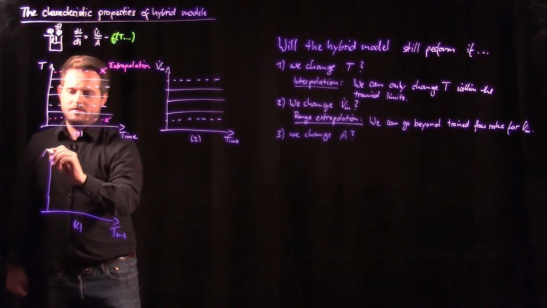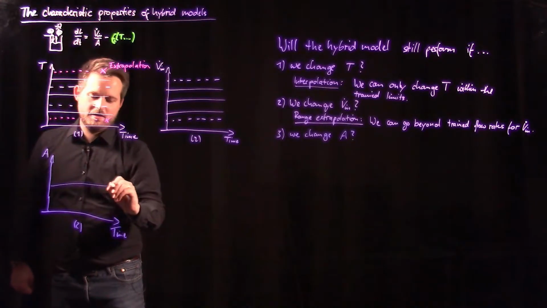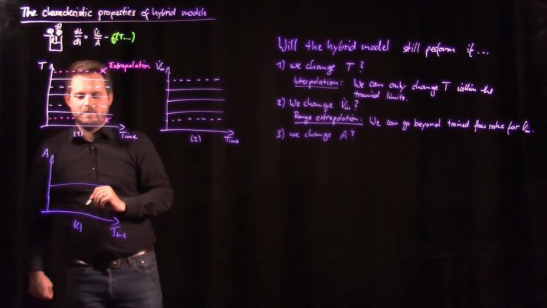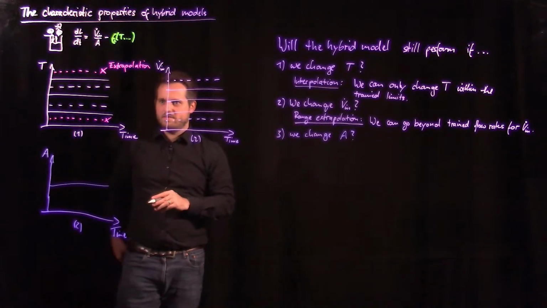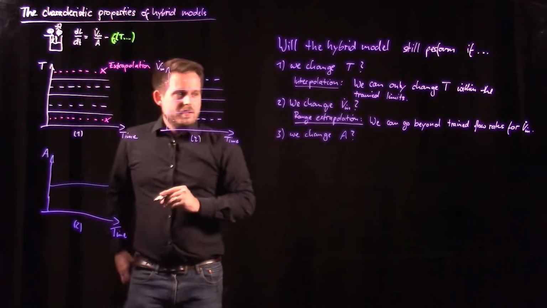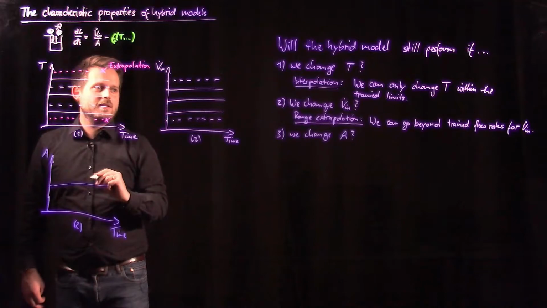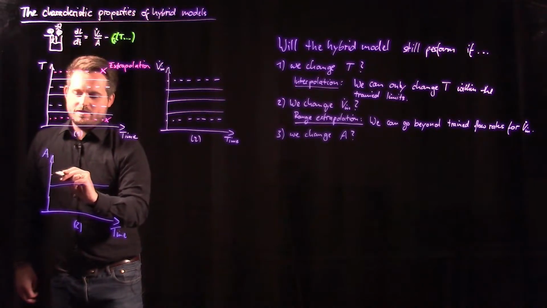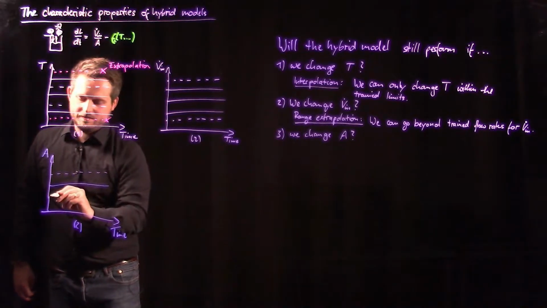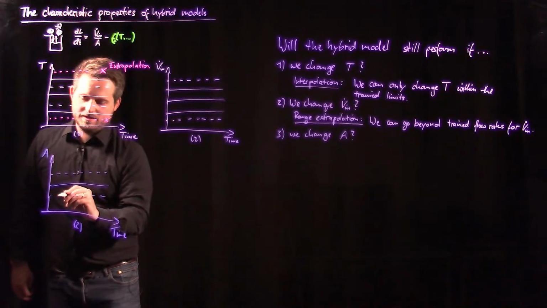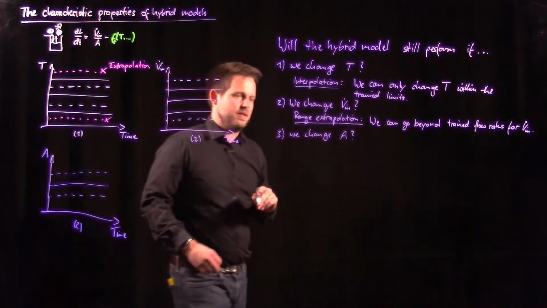But here we have A, and our A for one experimental system will usually be constant, so we don't change it. And what we do if we change it is that we extrapolate in this dimension.